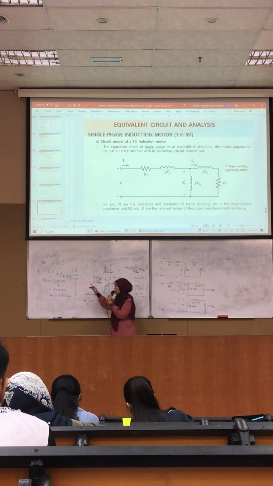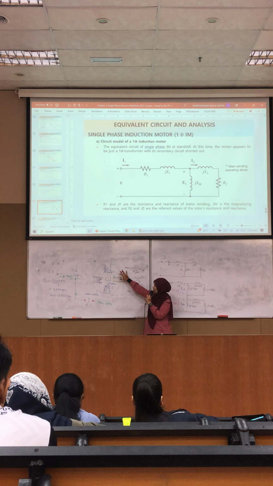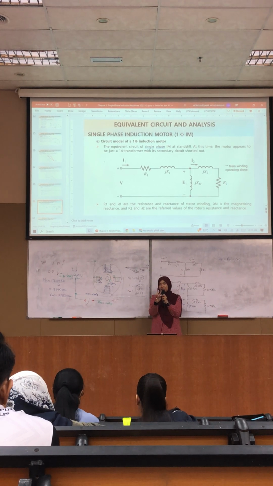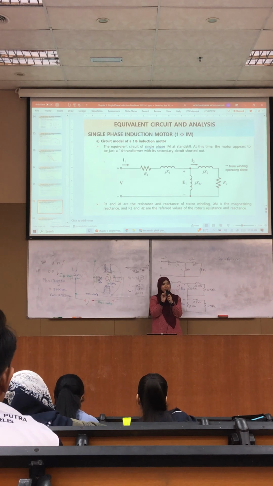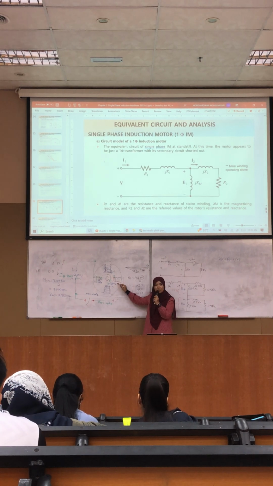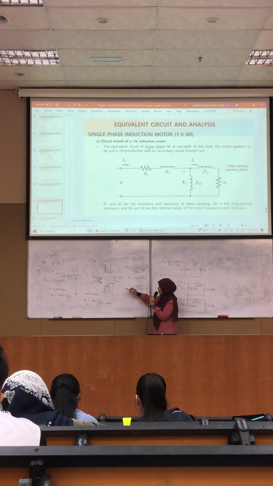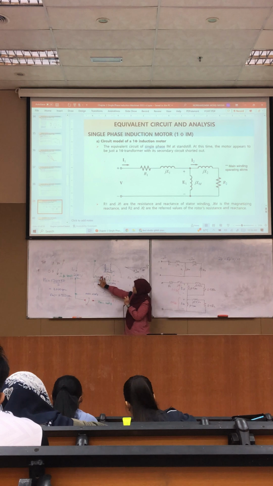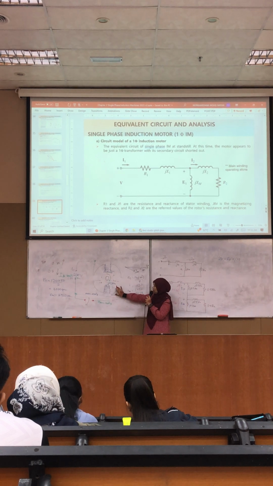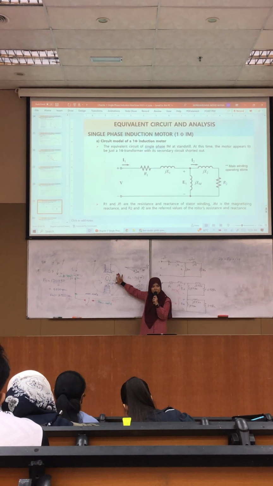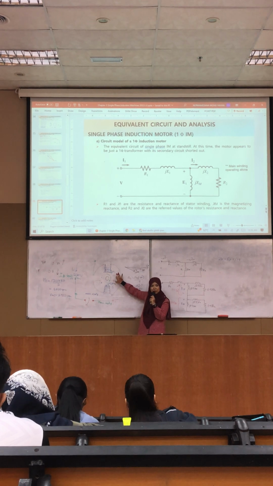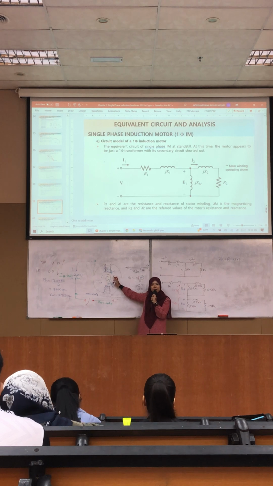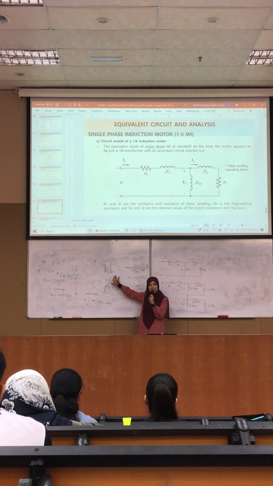Tadi previously kita sembang pasal operation of motor. Dia ada two different things. When starting, we need this auxiliary winding. But when operating, we will remove this winding and leave the motor with original pole or original setting or original winding. And when we run this motor, we will be running in original setting, right?